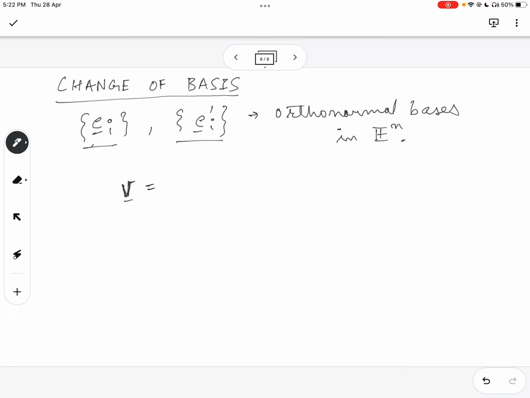So the vector V written in terms of the components with respect to the Ei basis should be equal to the components and the basis vectors written in terms of the basis vectors Ei prime. Now Vi is written as V dot Ei and Vi prime is written as V dot Ei prime.